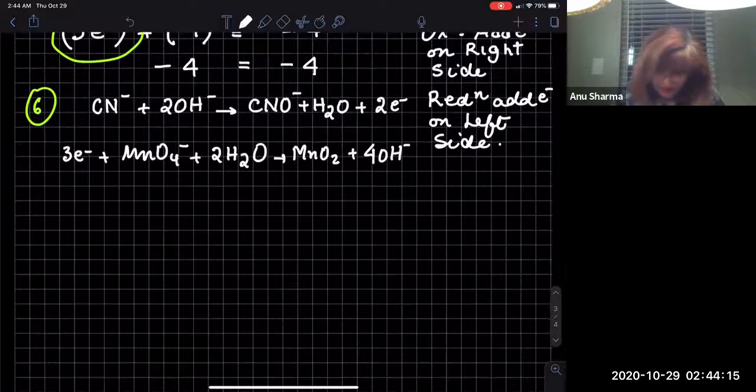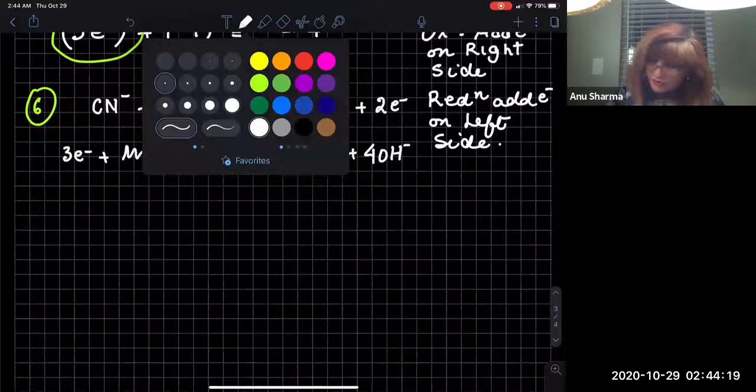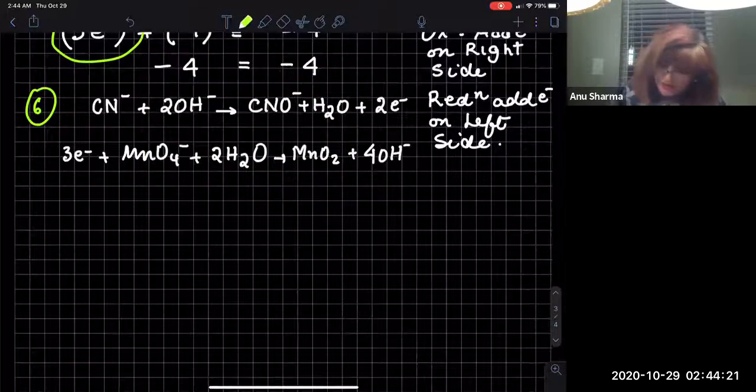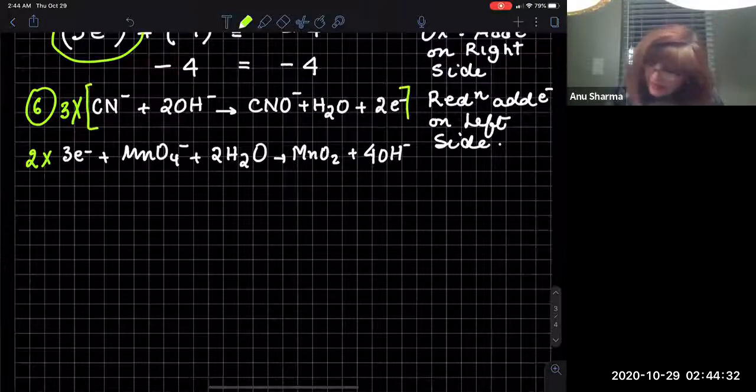All right, now you are going to make the electrons equal. So 2 electrons here, 3 times this whole thing, and 3 electrons here, so that means 2 times this whole equation. What does it give you?